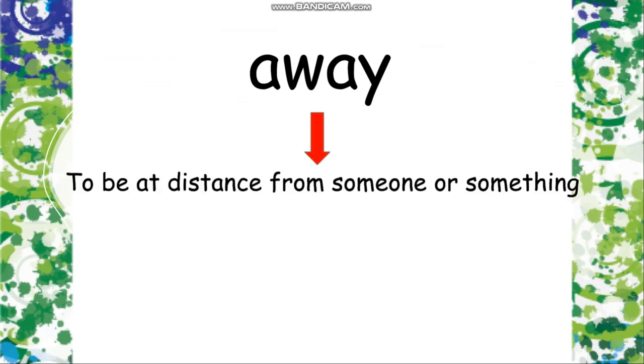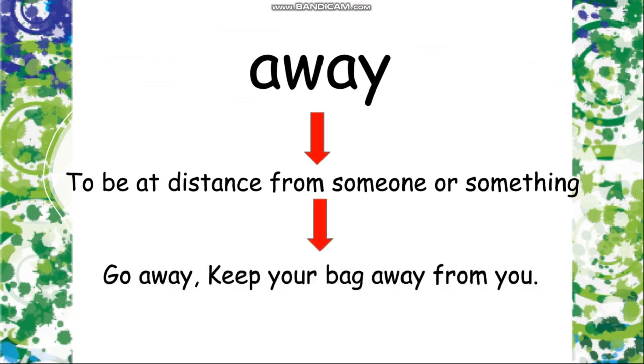To be at distance from someone or something. For example, go away. When we are angry with someone, or we don't want to talk to our friend, we are angry, so we say, go away from here. Chale jao yahan se.